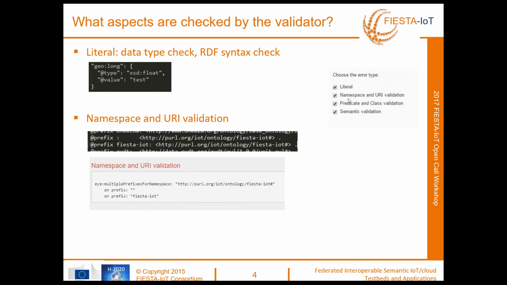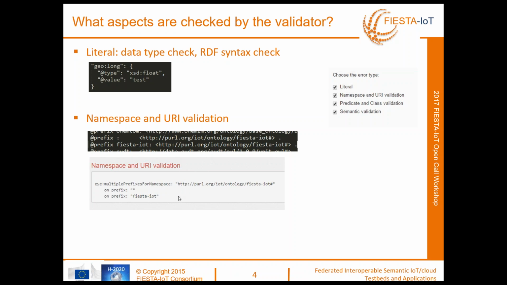And then we will check the namespace and URL aspect. For example, here is an example we met during the FIESTA ontology development. At the moment we had declared in the FIESTA ontology the same URL for two prefixes.